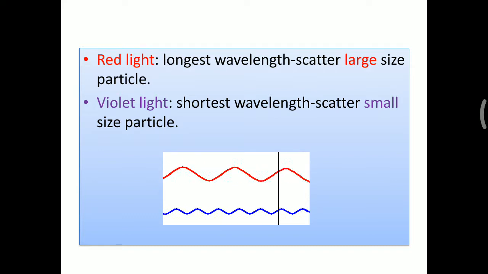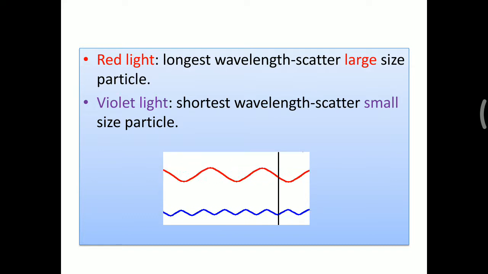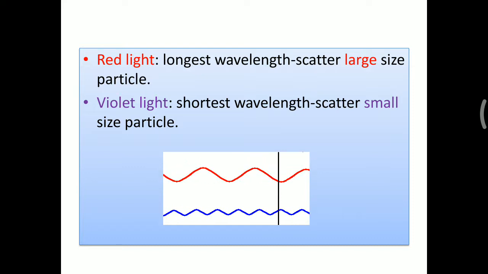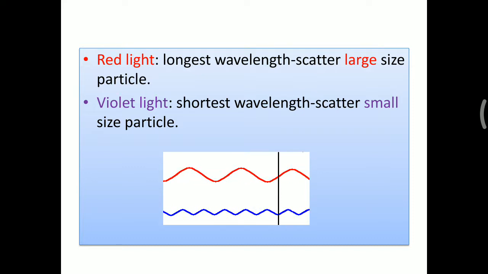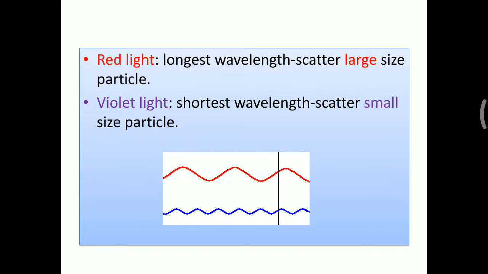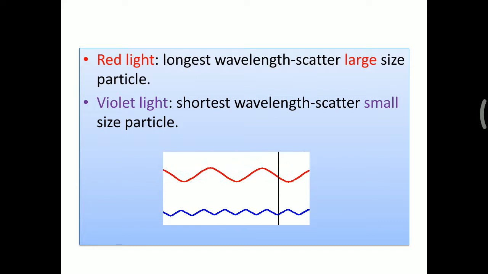When the sunlight falls on the large stone, it scatters the longest wavelength, red light. The same sunlight falling on the small stone, this small stone scatters the shortest wavelength, violet.